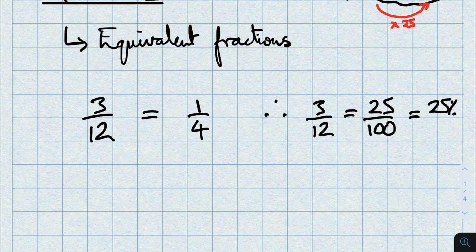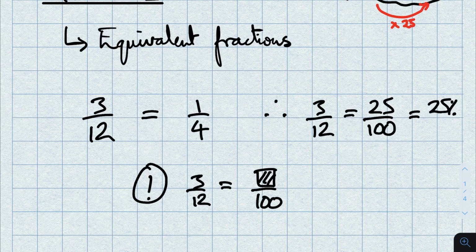However, with this equivalent fraction way, you might fall into some difficulties when you think of going straight from 3/12 to something out of 100. Why? Because if I look for that link between 12 to 100, how many 12s go into 100?